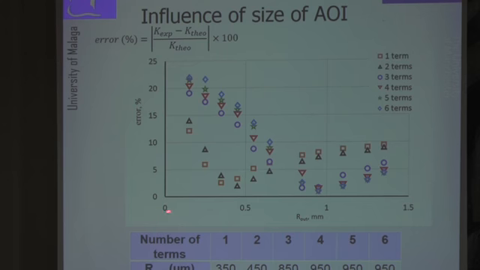We are plotting the error against the outer radius of this area of interest, and the minimum is around 350 microns for one term. When we use two terms, it's a bit bigger, 450, and so on. For the maximum, when we use 5 or 6 terms, the best predictions are with an area of interest of 950. Provided we get the right area of interest, the estimations are quite good, even for 1, 2, 3, 4 terms.